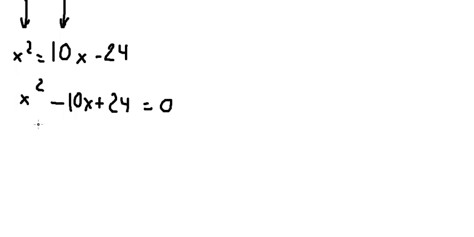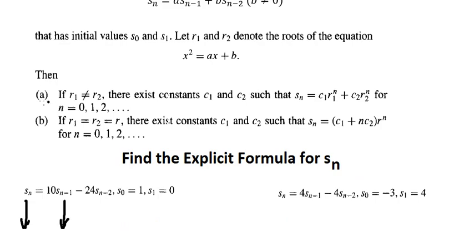And now we need to find the solutions of s, and that is s equals to number 6 and s equals to number 4. So we can see that they are not the same solutions.